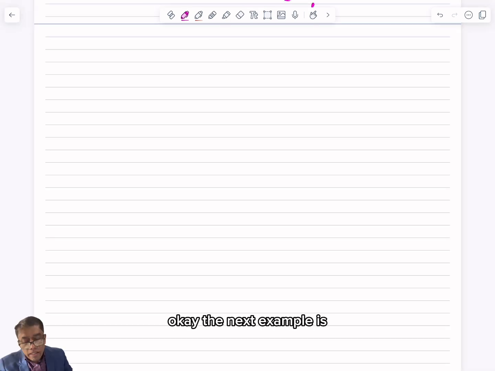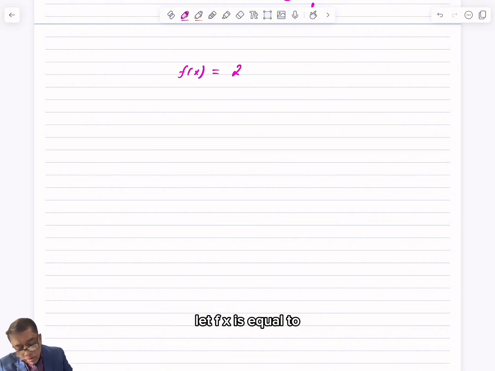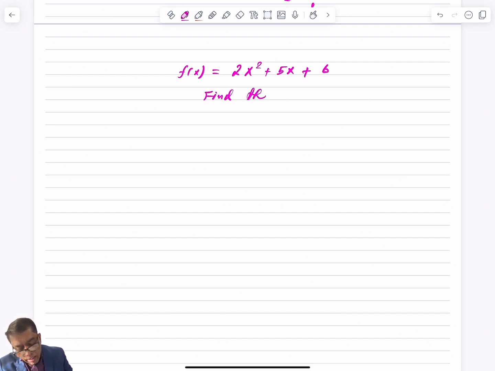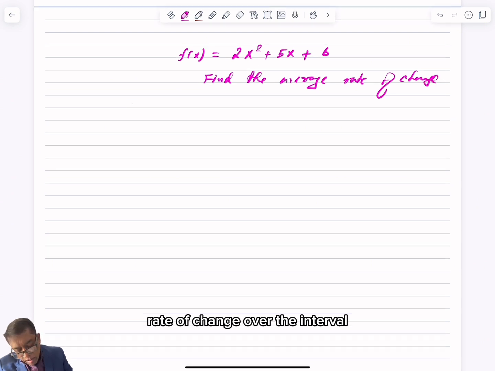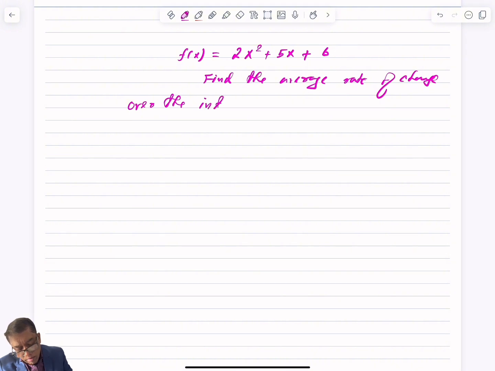Okay. The next example: let f of x is equal to 2x square plus 5x plus 6. Find the average rate of change over the interval x and x plus h.